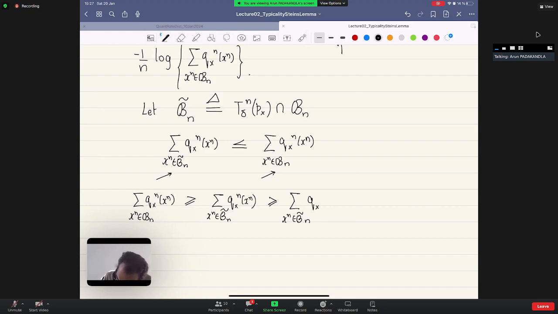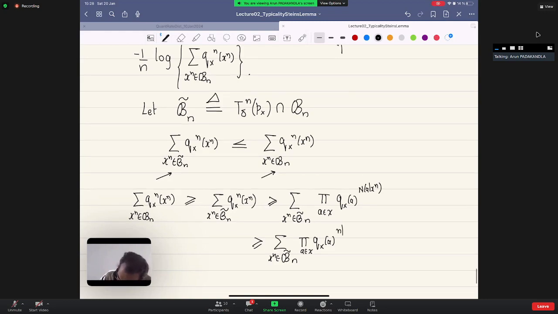Qxn of, so this. So I'm just using the fact that I have intersected with the typical set. So this is going to be n px of A into 1 plus delta by log cardinality of x. This I know.